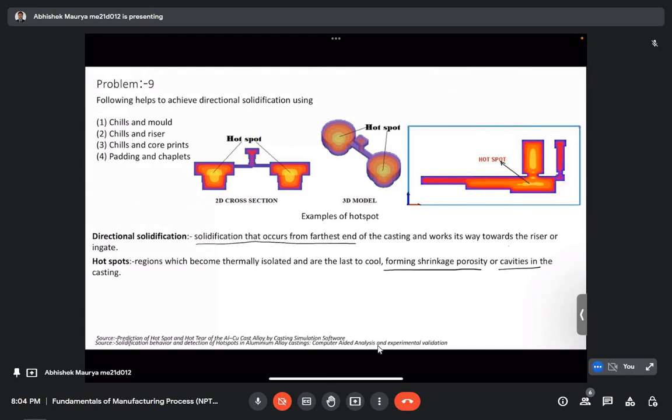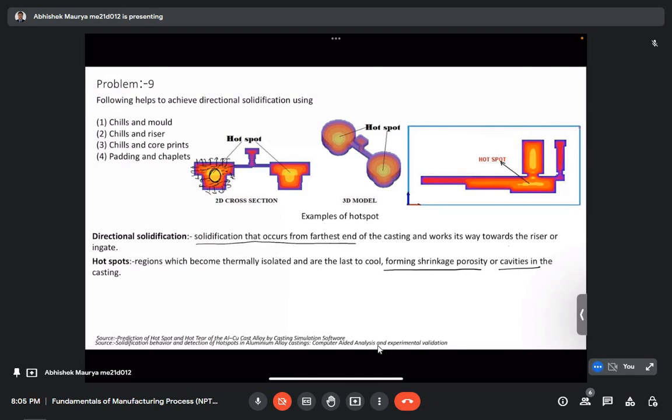Here I have shown pictorially some examples of hot spots. If you see the left figure, for this geometry, this is the region of the hot spot, because when the molten metal fills the whole cavity, the regions near the mold walls start solidifying quickly, because the mold walls start extracting the heat from the molten metal.